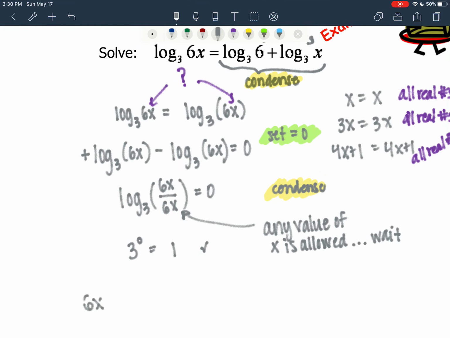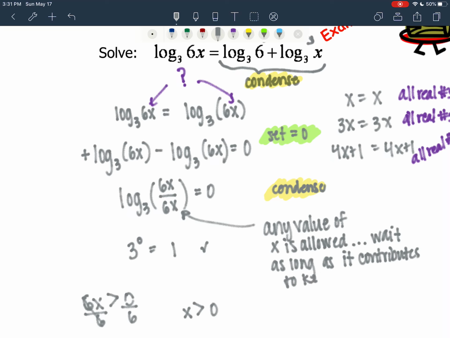Remember, 6x has to be greater than 0. Therefore, dividing both sides by 6, x has to be greater than 0. So any value of x is allowed as long as it contributes to keeping the argument positive.